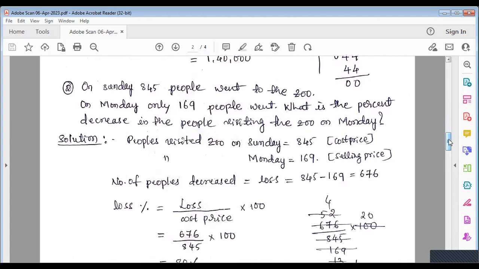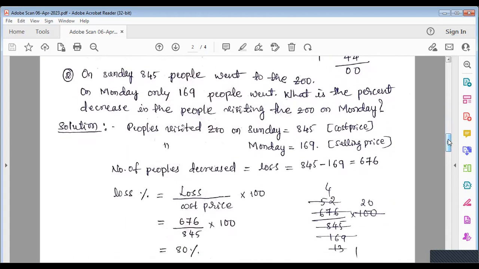Next problem is like this. On Sunday, 845 people went to the zoo, and on Monday, only 169 people went. What is the percent decrease in the people visiting the zoo on Monday?